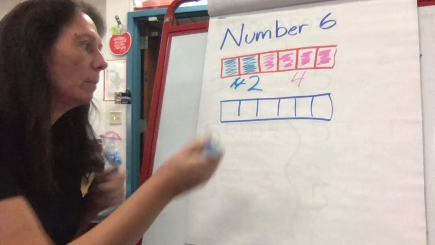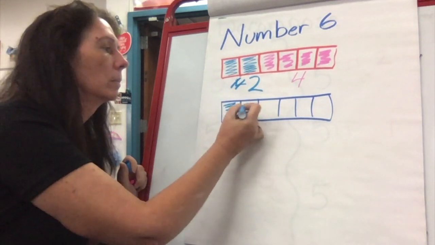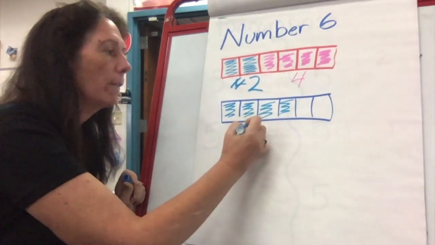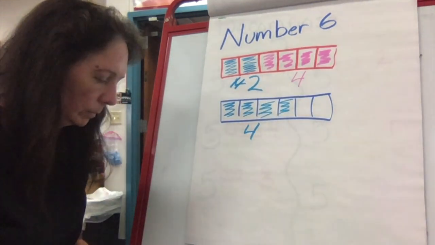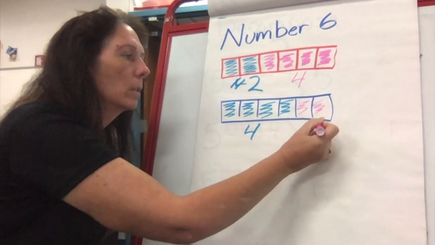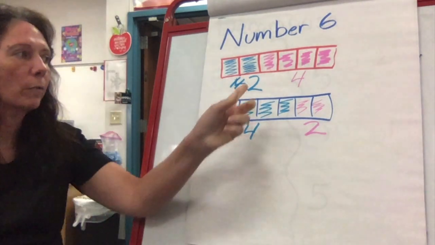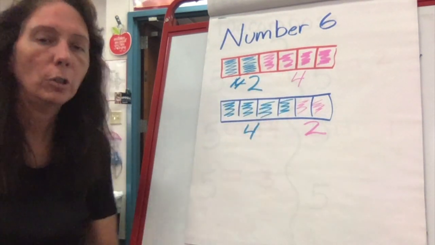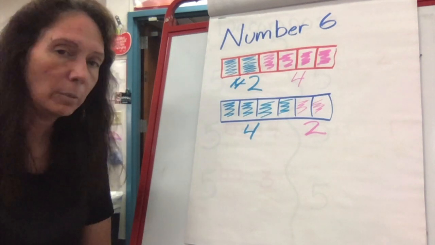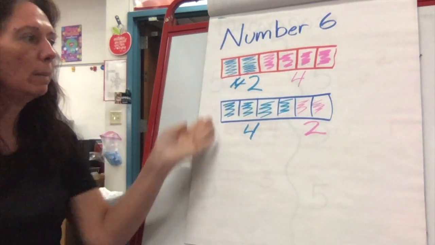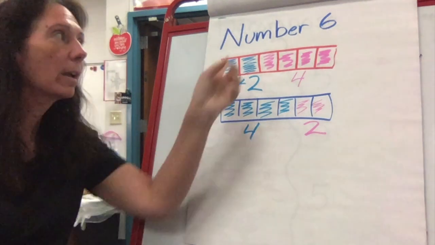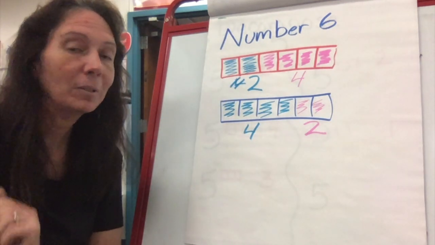I could then do the same thing coloring in 4 blue with 2. Notice the order I've written them in, 2 and 4 and 4 and 2. So we can see that it is 2 separate ways to make the number 6. So this is what you'll be modeling in your assignment. Enjoy composing and decomposing the number 6.